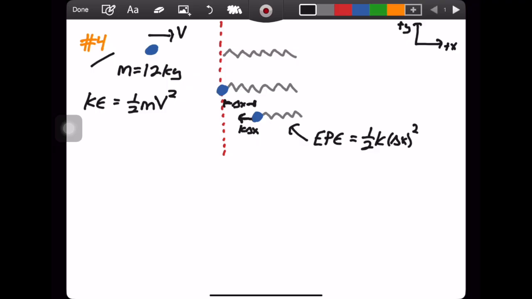So the key here is that we start with energy purely in its kinetic form, and at the moment the cart comes to a rest and the spring is squished by an amount delta x from its equilibrium position, we can say that what was originally kinetic energy, that's this right here, has now been converted to elastic potential energy.